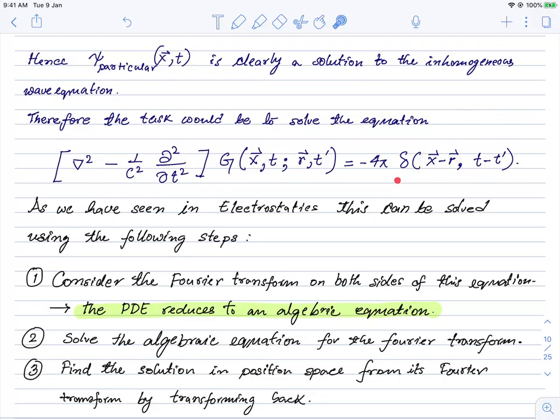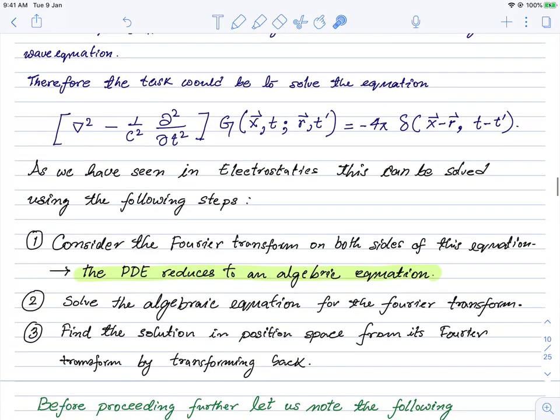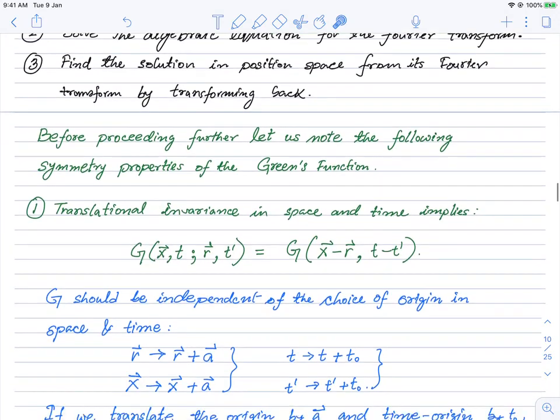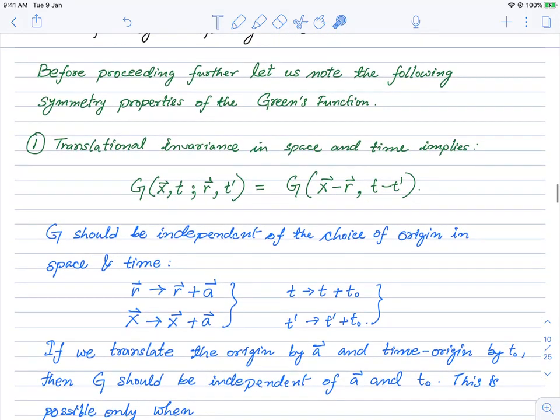We must be able to shift the origin, and the delta function doesn't depend on it, so the Green's function shouldn't either. This is called translational invariance. If we shift both r and x by the same vector a, then the delta function remains invariant. And if we also shift t and t prime by t naught, the delta function remains invariant. So you'd expect G also to remain invariant.